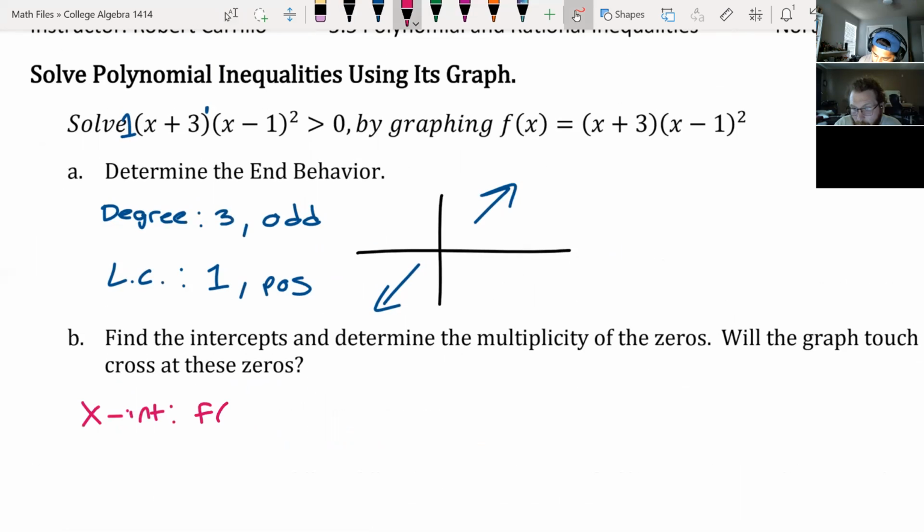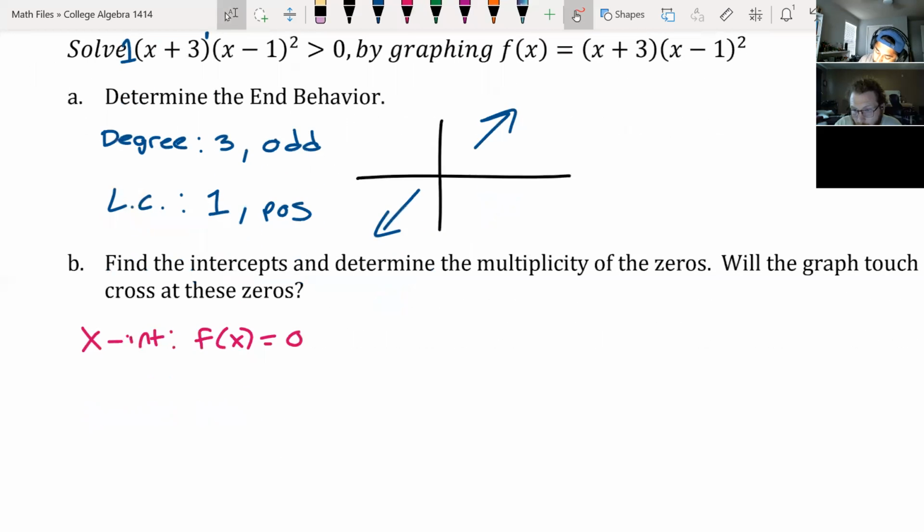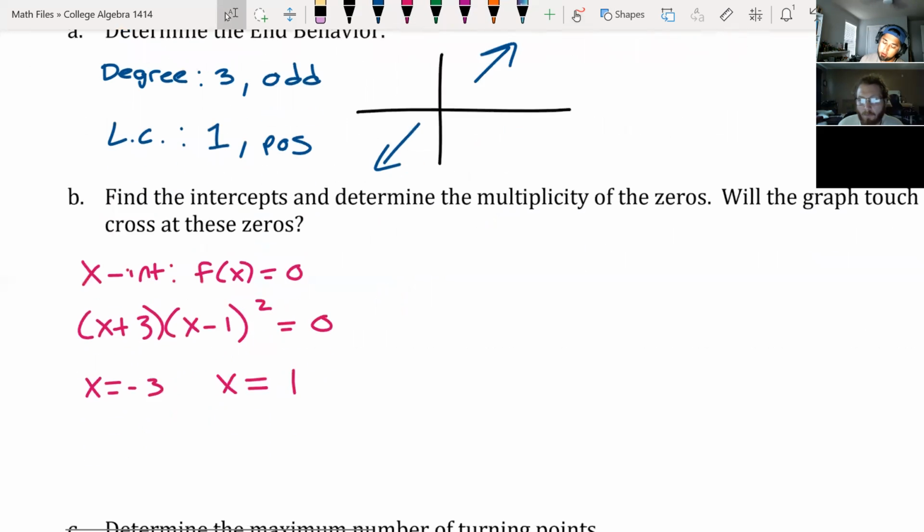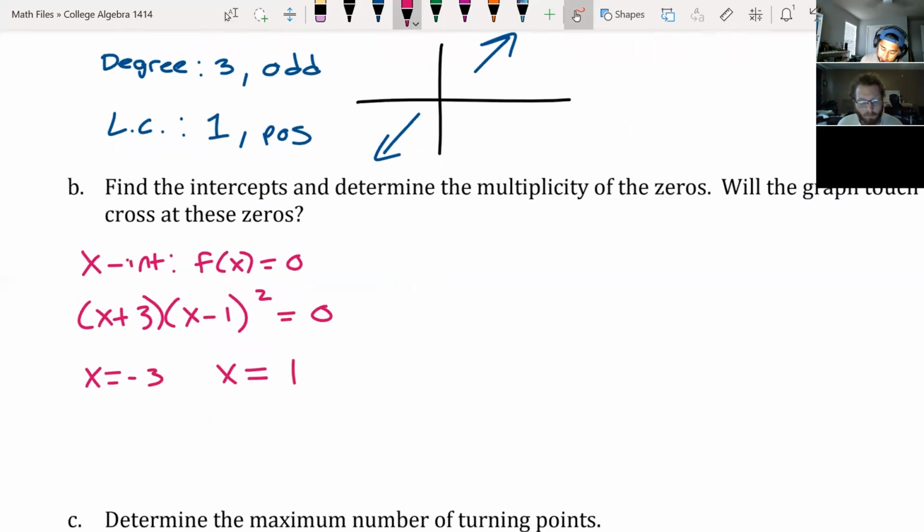We let f of x equal 0. And then I take that function x plus 3 times x minus 1 squared, set it equal to 0. It's already factored nice and neat for us. So we get that x equals -3 and x equals 1. So here are my x-intercepts. And now we can answer the multiplicities.